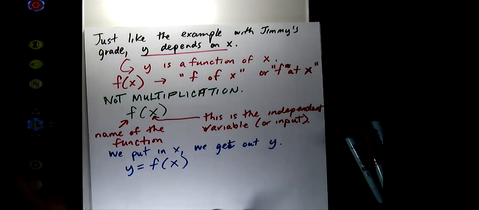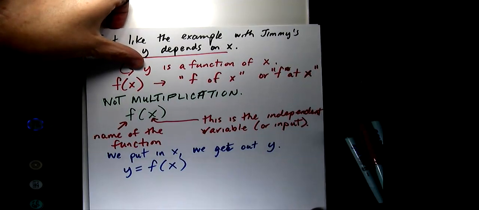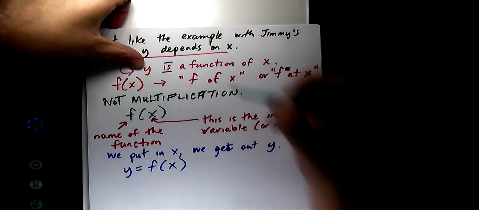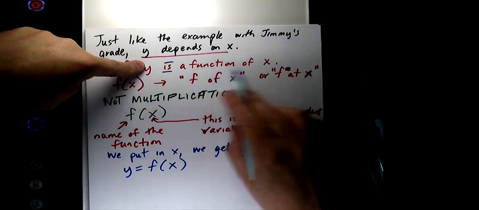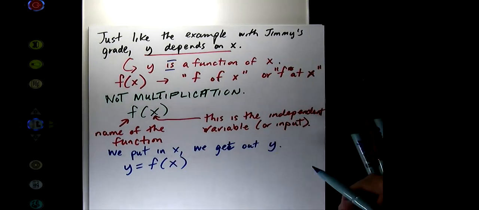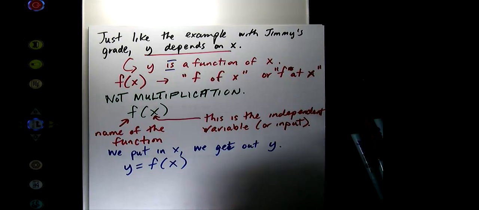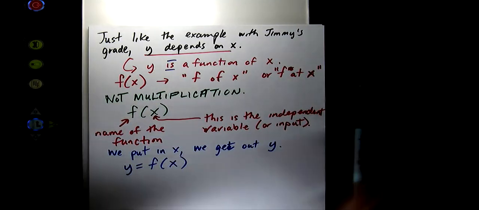In fact, if we look at the thing I set up here, y is a function of x. Remember us talking about words in sentences and certain words mean certain things? Is was always the equal sign. Is went with equal sign. Y equals function of x. So if you see f of x, it's really the y value.